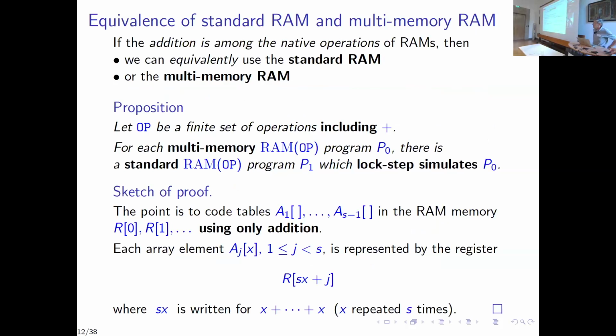When we have fixed the sequence of inputs, you fix for the first program a computation and then a list of input outputs. It's the same. So two versions of RAMs simulate each other lockstep. It's not surprising. It's just an example.